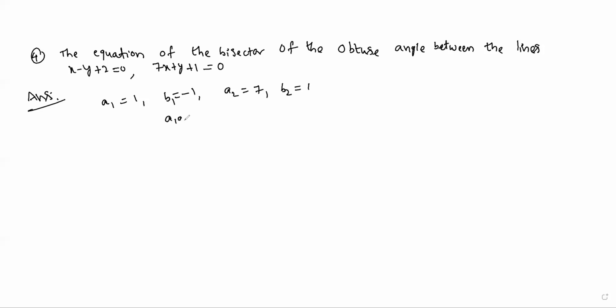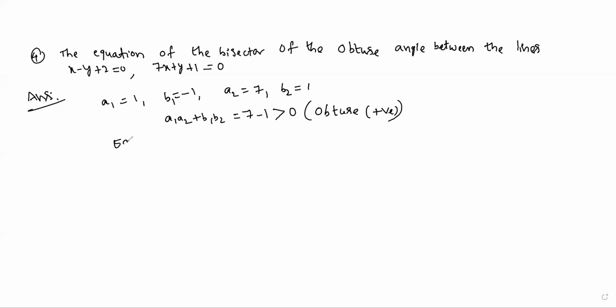Find a1 a2 plus b1 b2: 1 into 7, 7 minus 1. It's clearly greater than 0. That's why, for the obtuse angle bisector, what symbol should we take here? Plus. Already in the table we gave that a1 a2 plus b1 b2 positive: for acute it is minus, obtuse is plus.